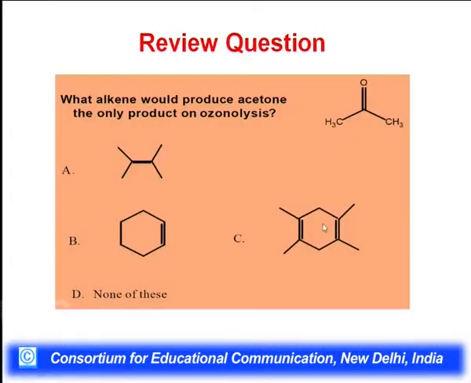Whereas if we look into the third example, here we have 2 double bonds, right? So what will happen? One cleavage will take place here, and the second cleavage will take place here. What we have here is 2 molecules of a dicarbonyl compound, that is 1, 2, 3, 4, 5.